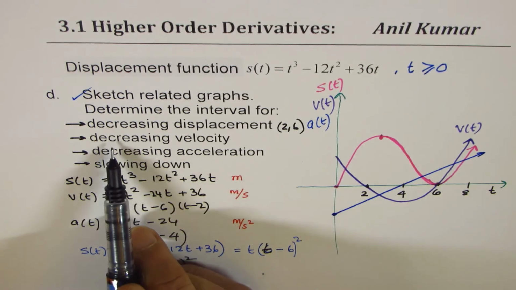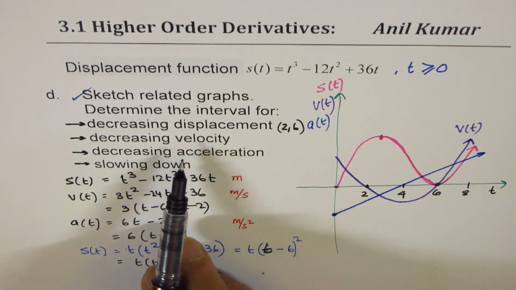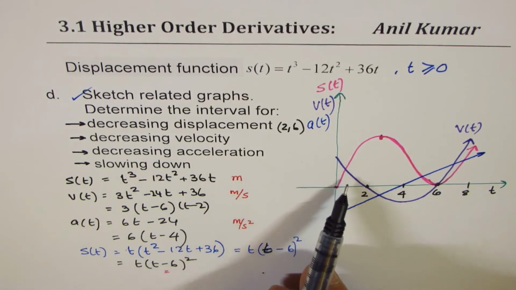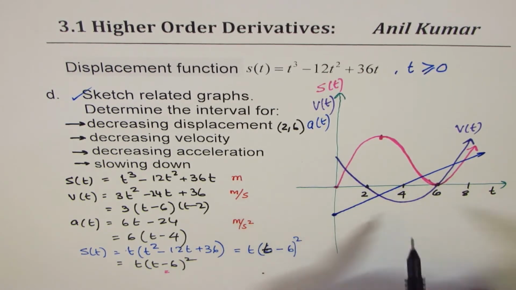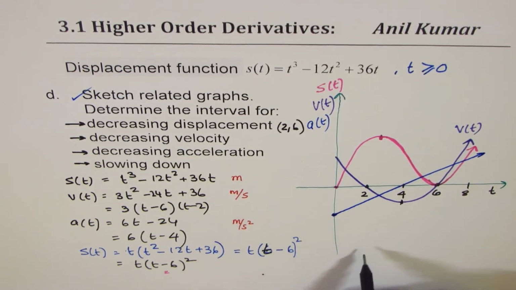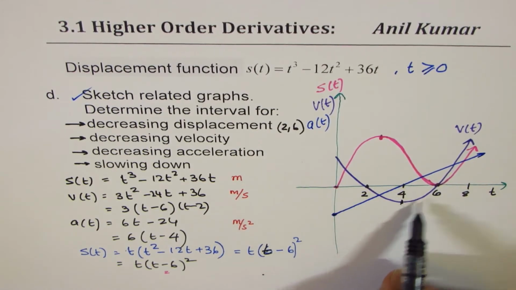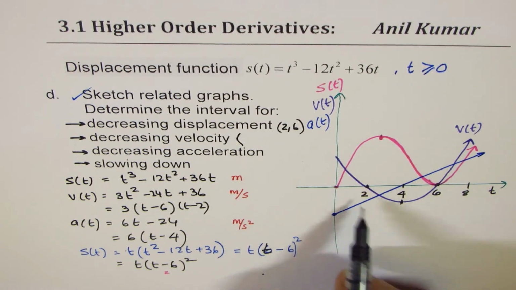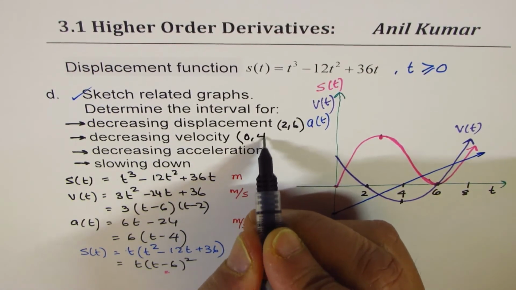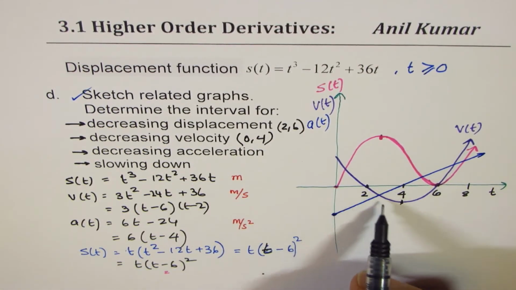Decreasing velocity. If you look at this curve, velocity is high positive to start with, and it decreases up to this point on the parabola. After that it increases, so it is decreasing from 0 to 4. Now don't think that because 2 to 6 is negative, that means it is decreasing.